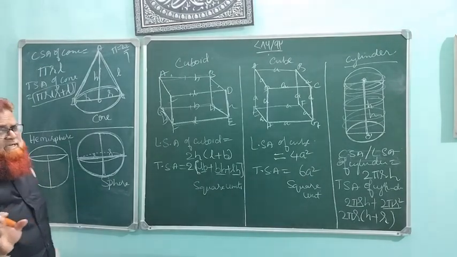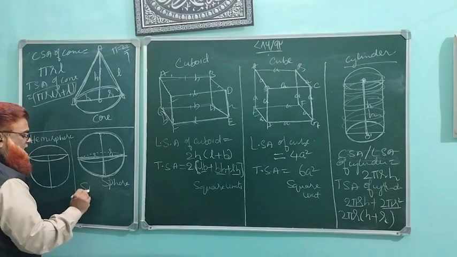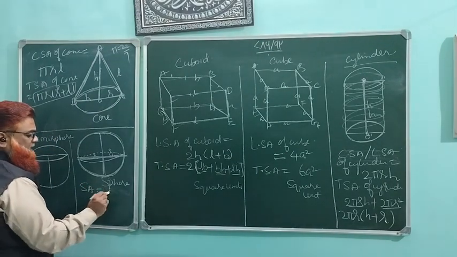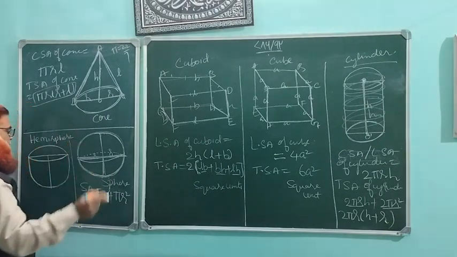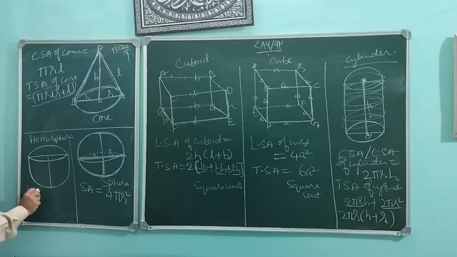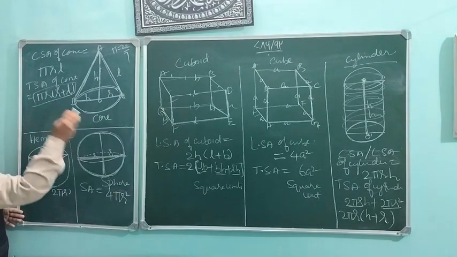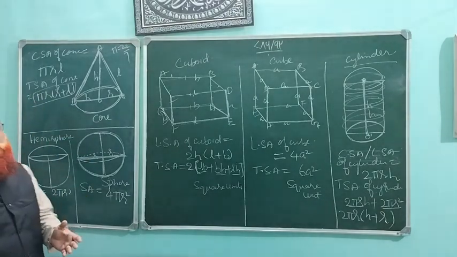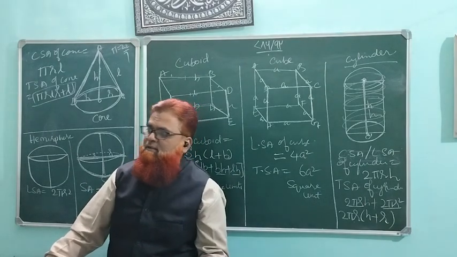We don't have total surface and lateral surface for the sphere. We have only a surface area of a sphere. The surface area of a sphere is 4 pi r square. But the lateral surface area of a hemisphere is 2 pi r square. If you take half of the area of the sphere, you get the lateral surface area of the hemisphere.